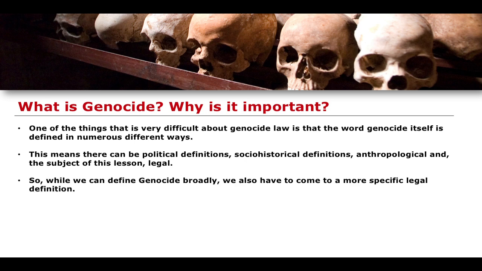So, generally speaking, then, while we define genocide broadly, we also have to come to a more specific legal definition, because law has to be at least a little bit determinative. It has to be at least a little bit able to have some kind of structure and foundation that provides us with a strict, rigid definition. Because if not, then the Genocide Convention and the actual idea of genocide within international law becomes meaningless anyway.